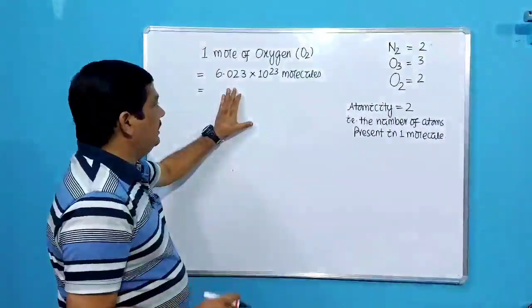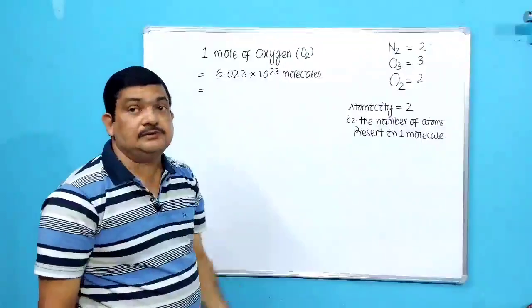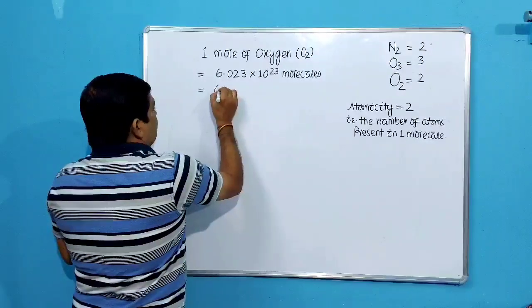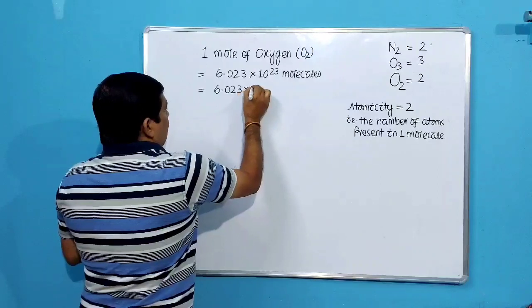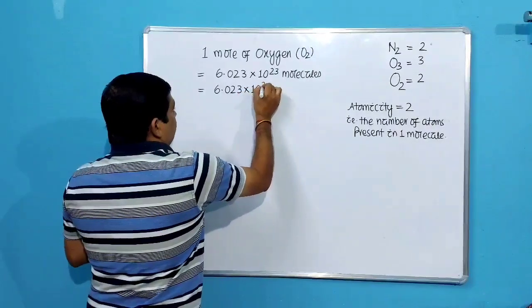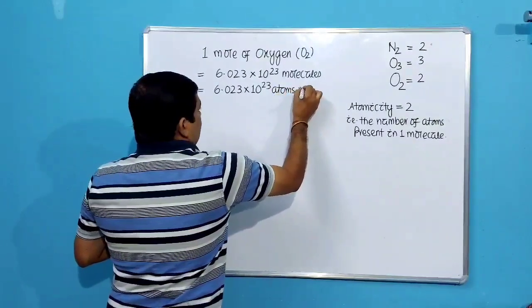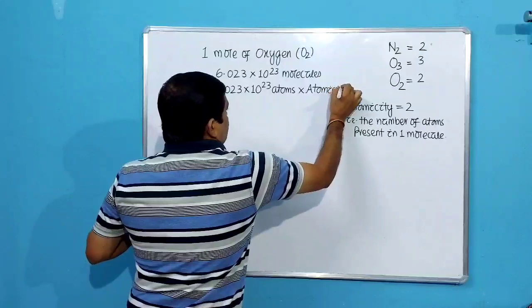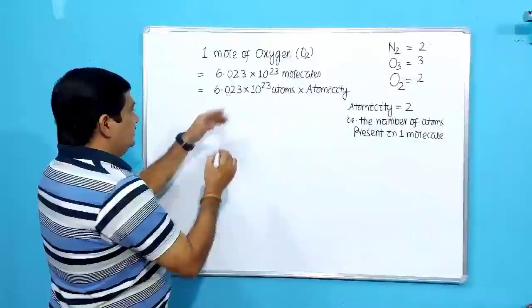So if 1 mole of oxygen contains this number of molecules, how many atoms will it contain? 6.023 into 10 to the power 23 molecules into atomicity, because one molecule contains 2 oxygen atoms.